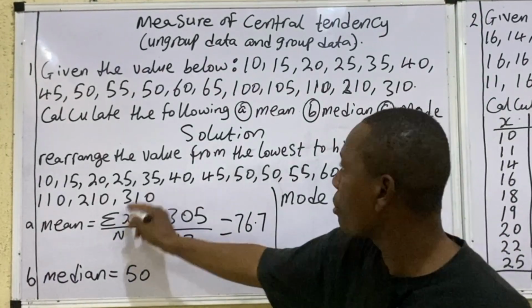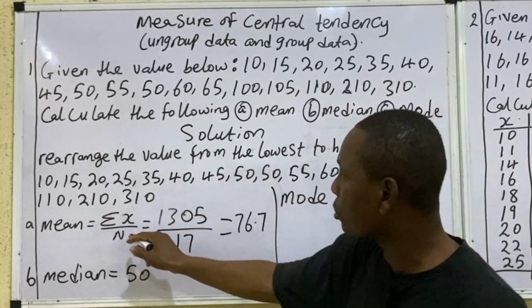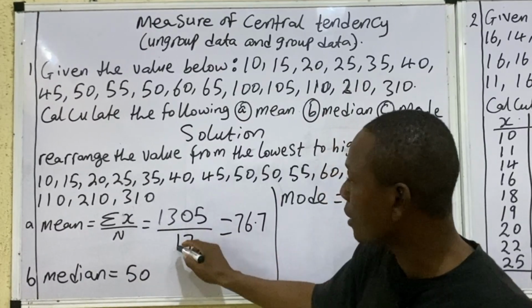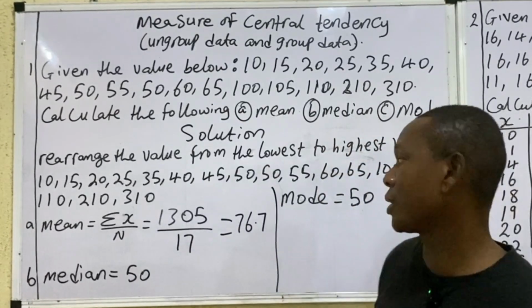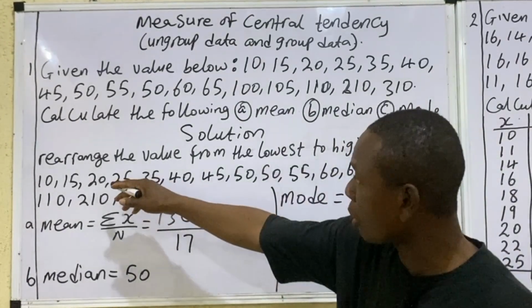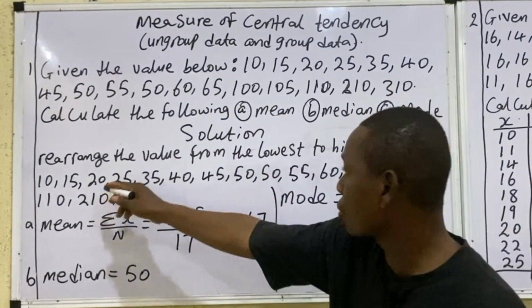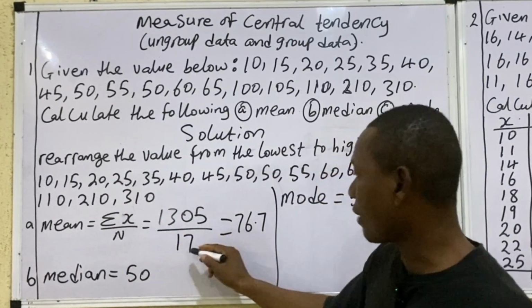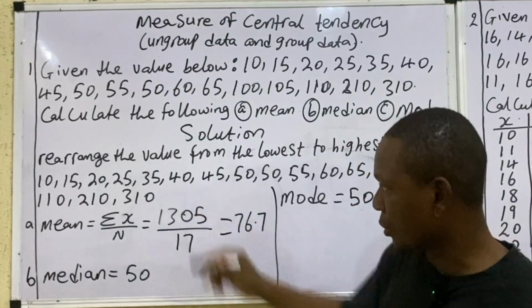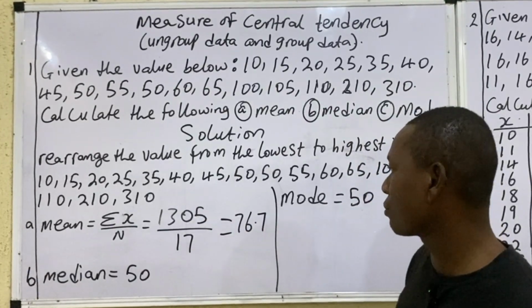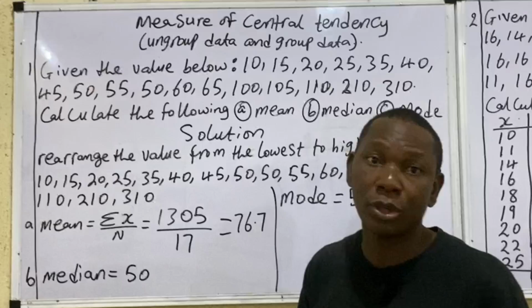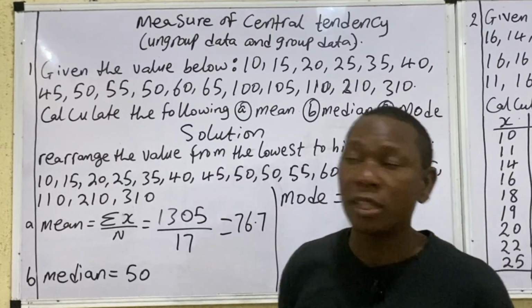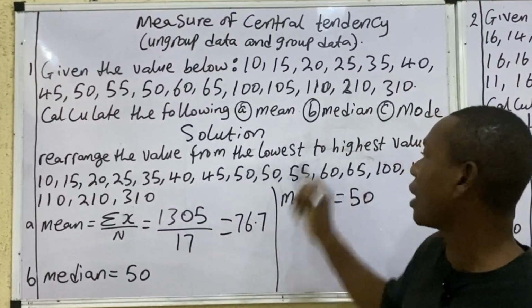So we sum all the values, then divide by the number of values, which is 17. If you sum all the values using a calculator, you have 1305 all over 17, and when you carry out this division, you have 76.7 as your answer.